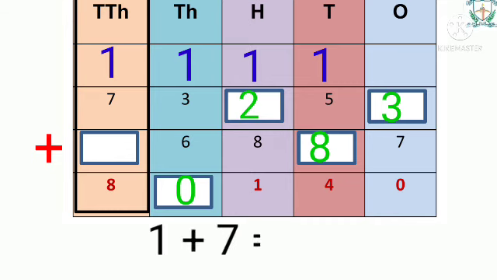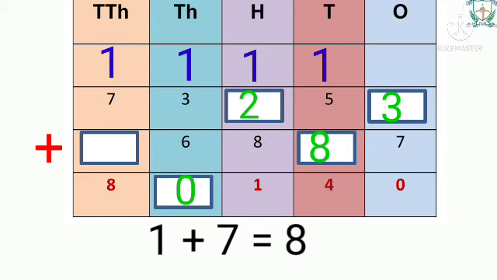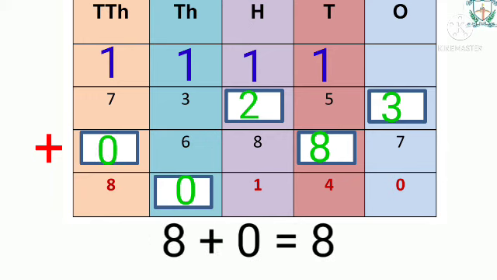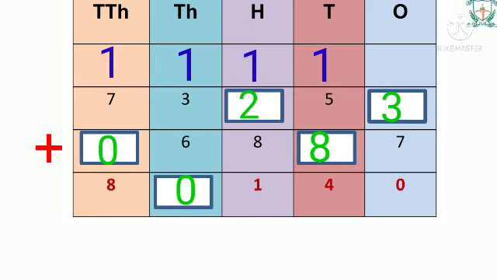Here, 1 plus 7 is equal to 8. That is, 8 plus 0 is equal to 8. So, write 8 in 10,000s place. So, the missing digits from 1's place are 3, 8, 2, 0 and 0.